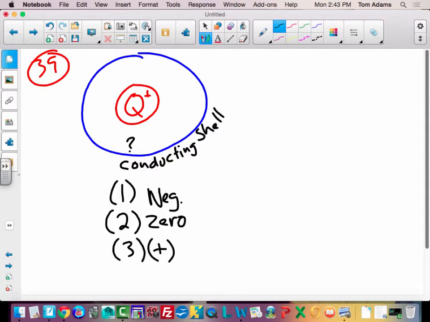Well, we got to think about it. What happens to the shell? Basically, is it positive, is it negative, or is it 0? Well, it's going to be negative, and the reason it's going to be negative is that this is due to induction.